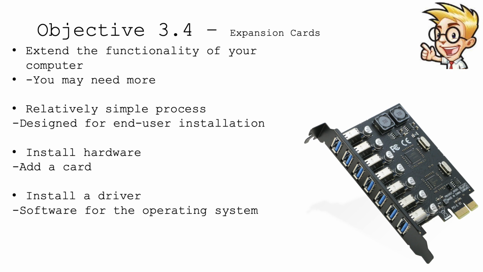This allows you, as the end user, to purchase any available product and install it yourself in your own system. This might be hardware where you have purchased a card, or it might involve the process of installing a hardware driver that integrates new hardware through the operating system.